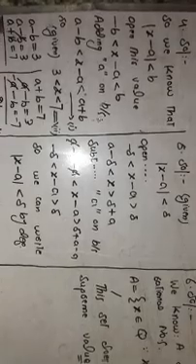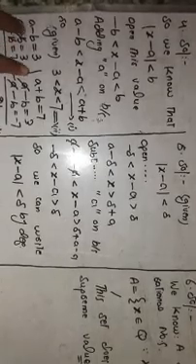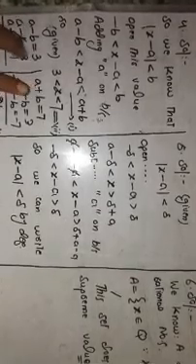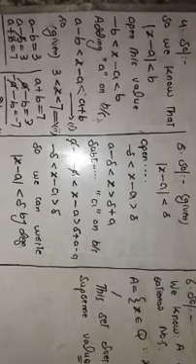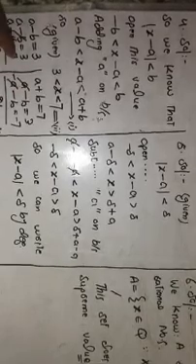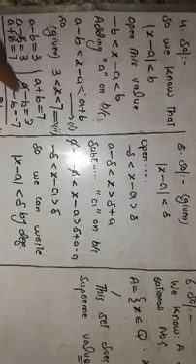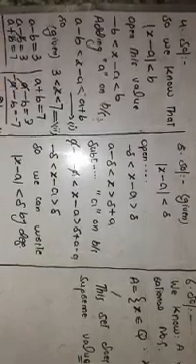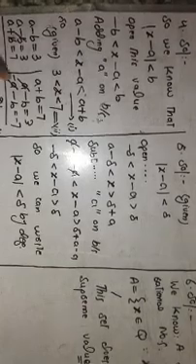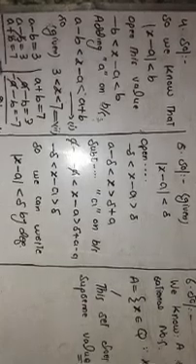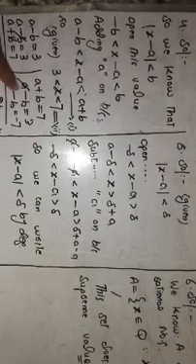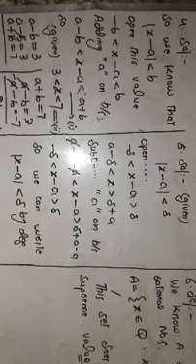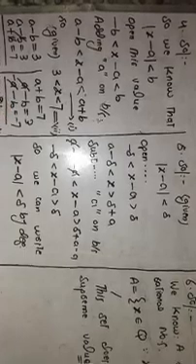And now we subtract both equations to get the value of b. When we subtract, the first equation is written as it is, and the sign of the second equation is changed. So a cancels with a, and minus b minus b gives minus 2b. 3 minus 7 gives minus 4.